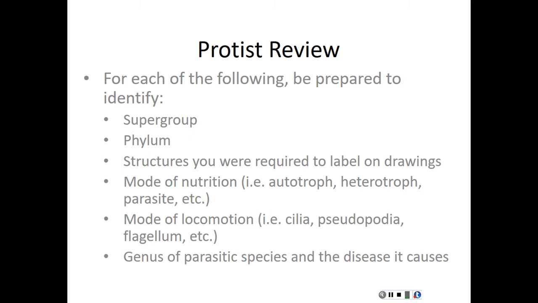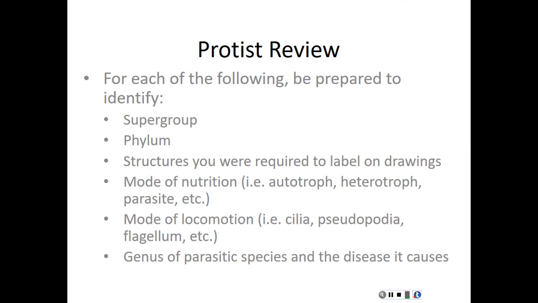For all specimens we looked at in that lab, you need to be able to identify their supergroup, identify what phylum they are in, and identify the structures you were required to label on the drawing. If you have not been doing your labeling, this is where you're going to have a bit of a problem. But that information is in your lab, so you can go and look at what you were supposed to label.